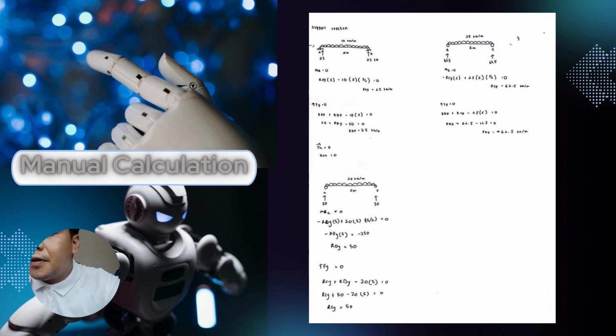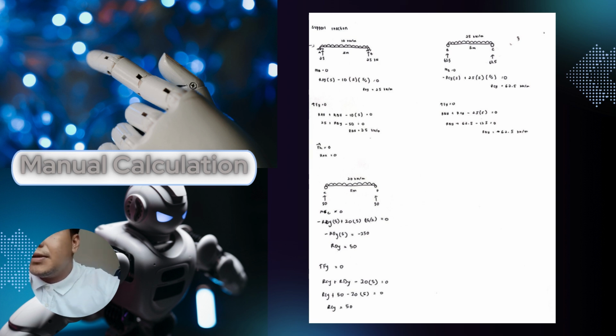And then for RAY, we got 25 kN. And then we calculate for FY. For FY, RAY plus RBY minus 10 times 5 equal to 0. So 25 plus RBY minus 50, and then we get the RBY 25.